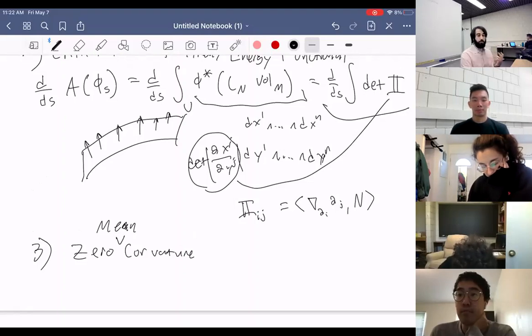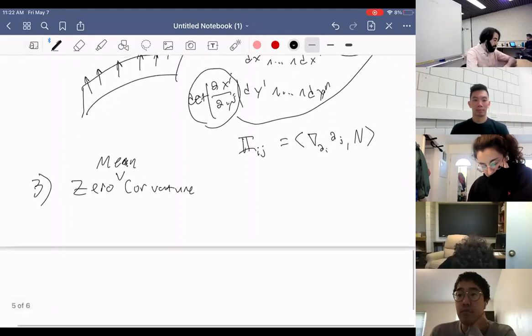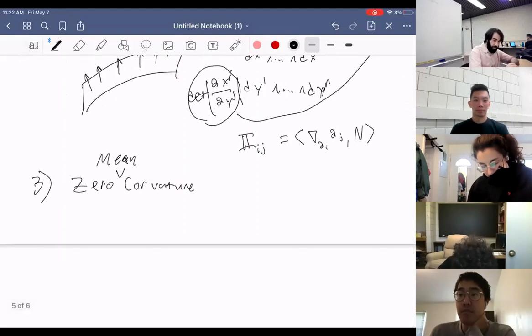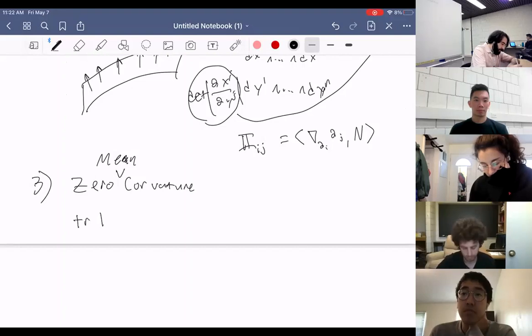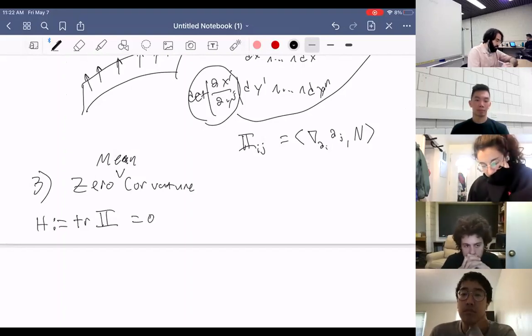And you know that the derivative of determinants are traces. So having zero curvature is the same thing as saying the trace of the second fundamental form is equal to 0. And we call this H, the mean curvature.